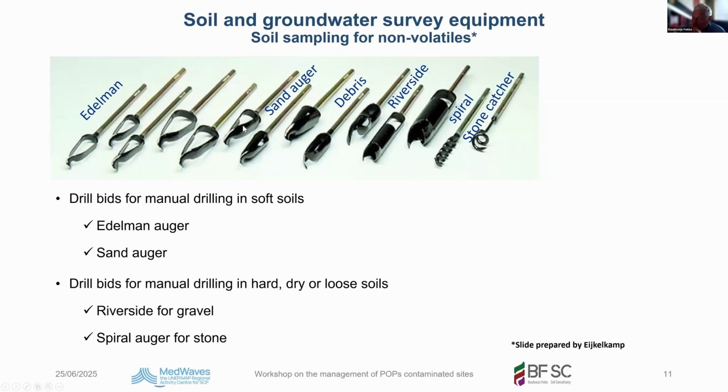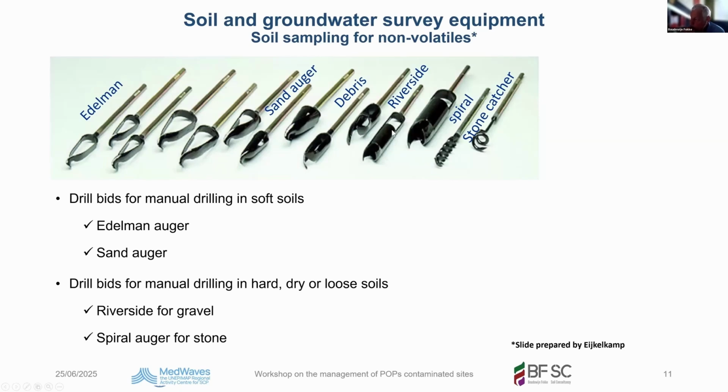Then you have sand augers used for sand. Here you see that the wings of the auger are more closely spaced, so the sand stays better. Different types in diameter. Then here there's a debris auger. It's open. Here you can go through debris and gravel.